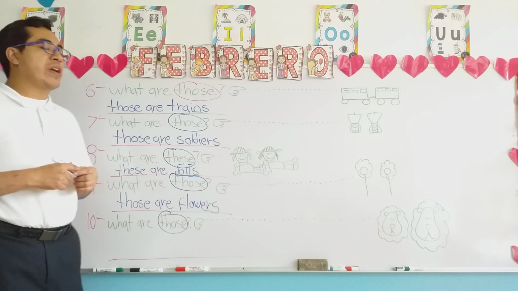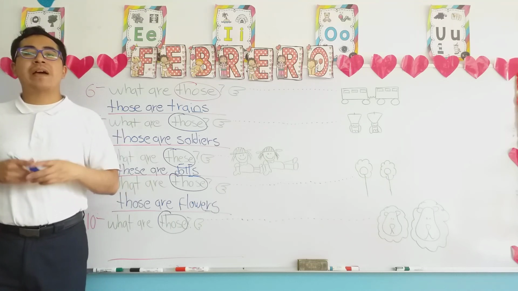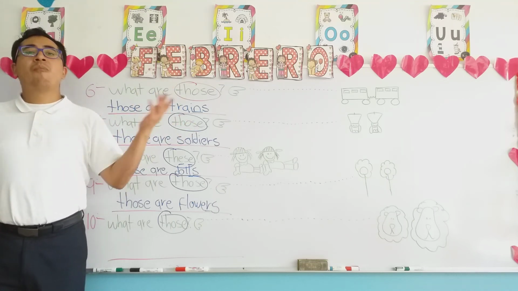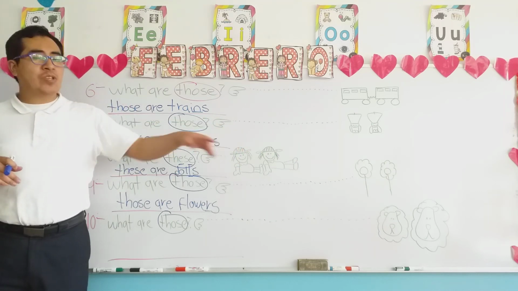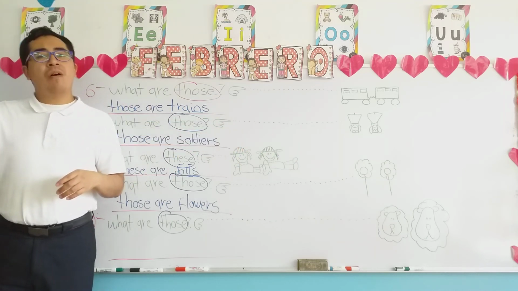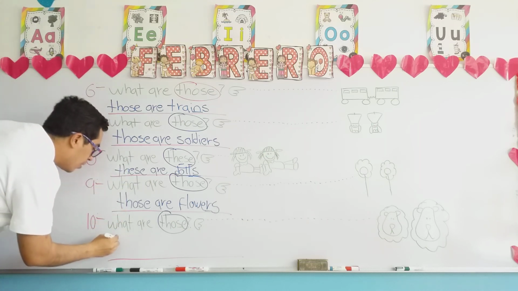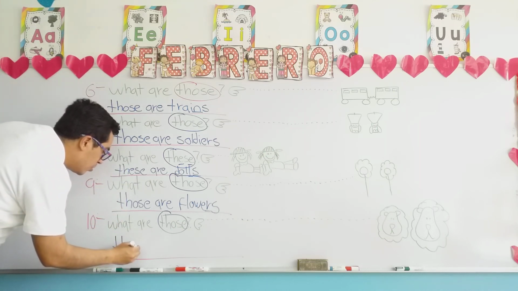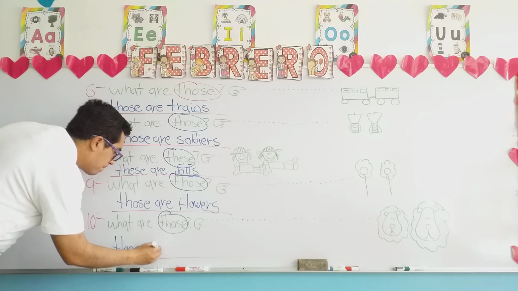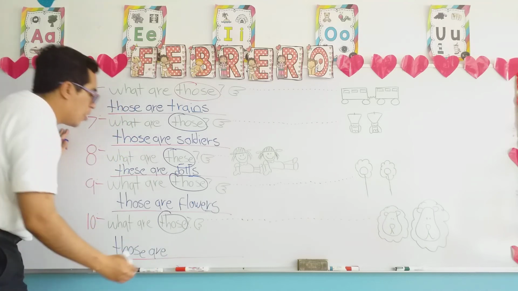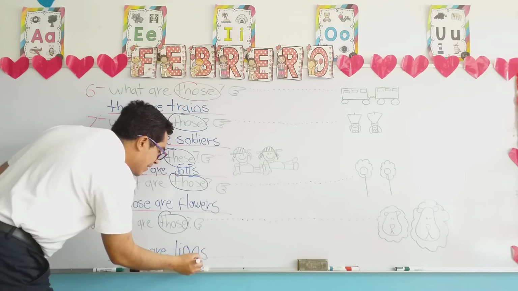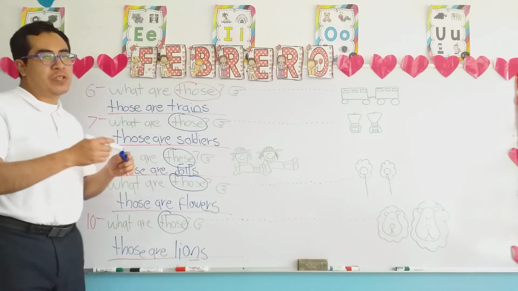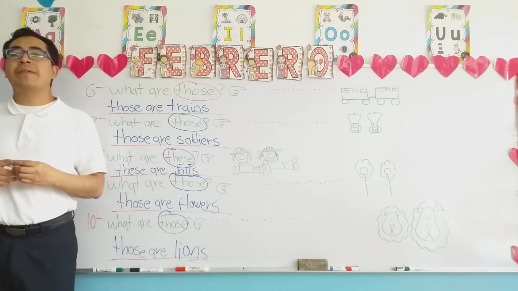So the question says, dice la pregunta, what are those? ¿Qué son esos? Those are, esos son, those are lions. With S at the end because the object finishes with letter N.